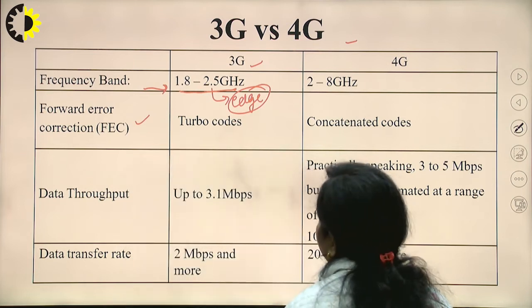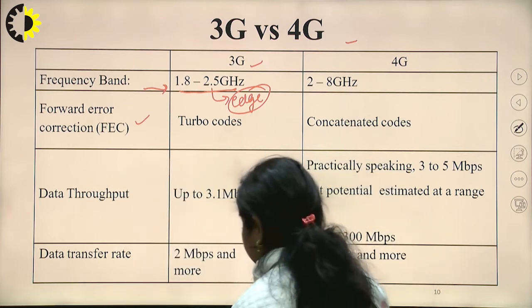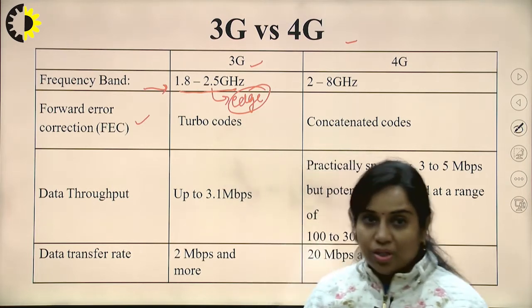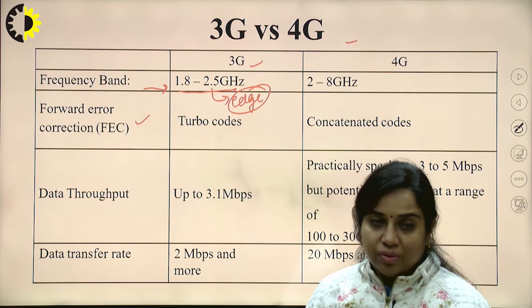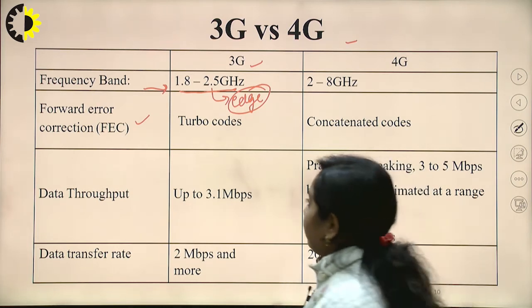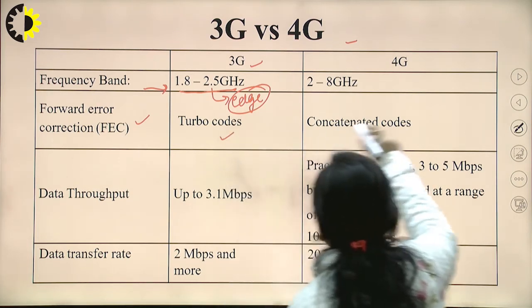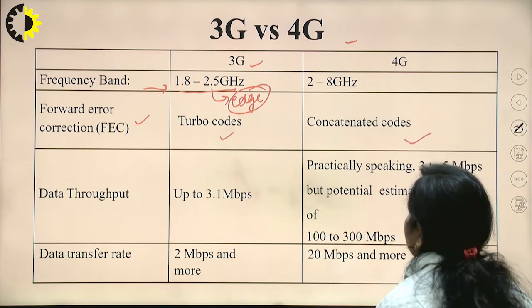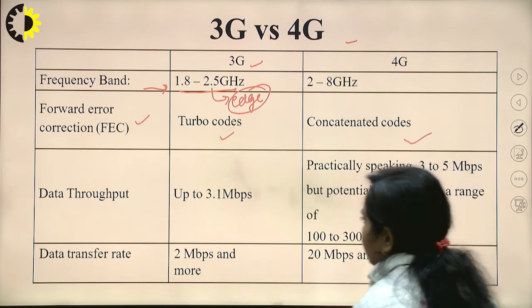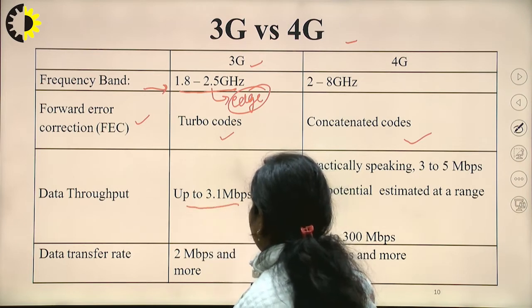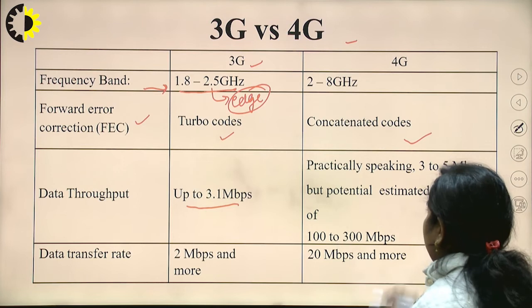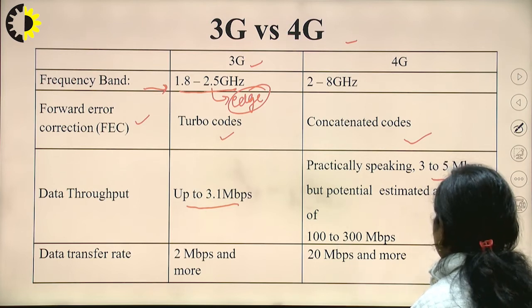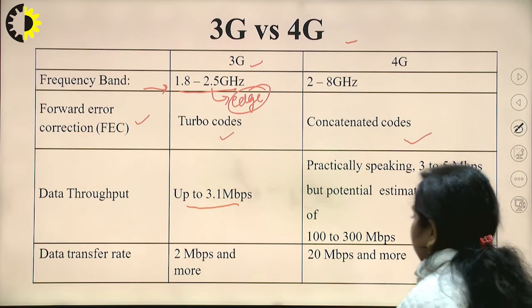This will provide forward error correction, which means at the receiver side, whenever the data is received, there is an option for error correction. That is accomplished by turbo codes, and in 4th generation concatenated codes are used. Data throughput is up to 3.1 Mbps for 3rd generation, practically 3 to 5 Mbps, but the potential is estimated in the range of 100 to 300 Mbps.